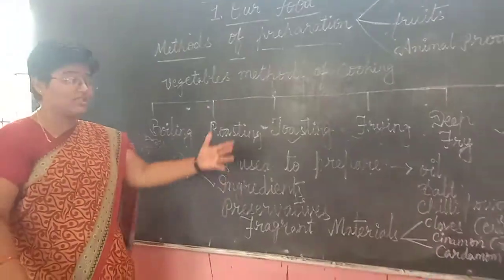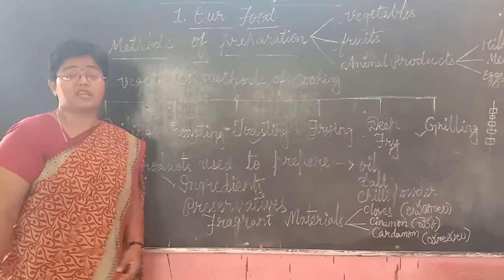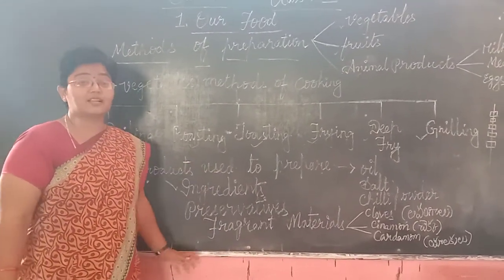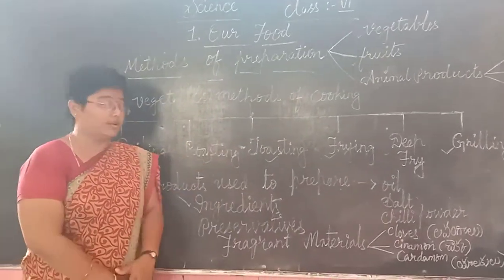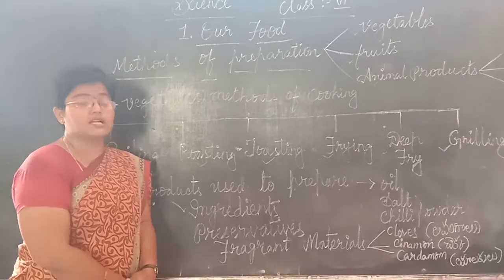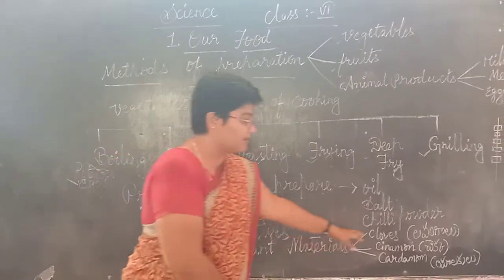So where do we use these different fragrant materials? I have given you three examples here. We have many kinds of fragrant materials used while preparing different varieties of food. Have you ever come across these, children?